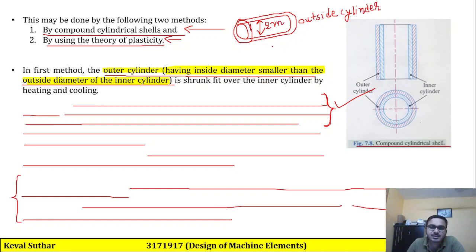And let us say that we have another, smaller cylinder, and consider this as the inside cylinder.